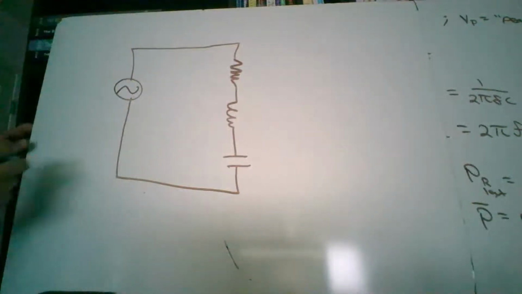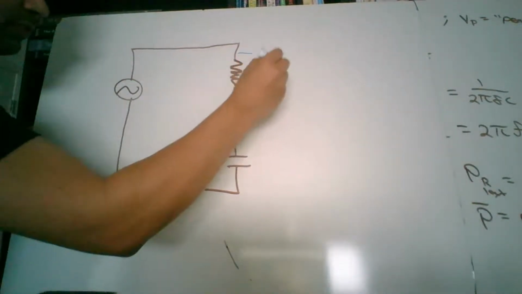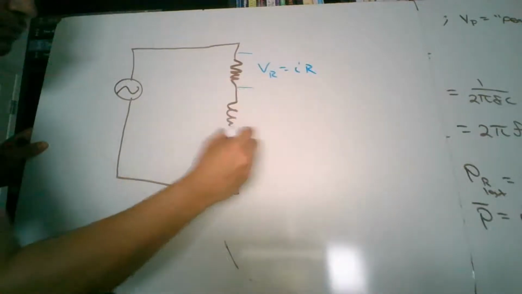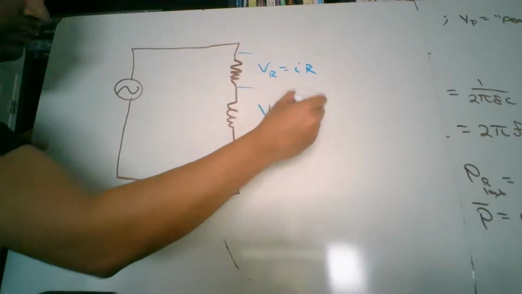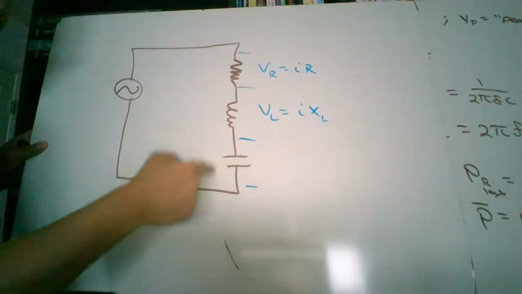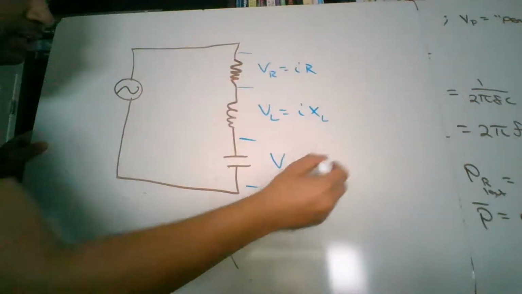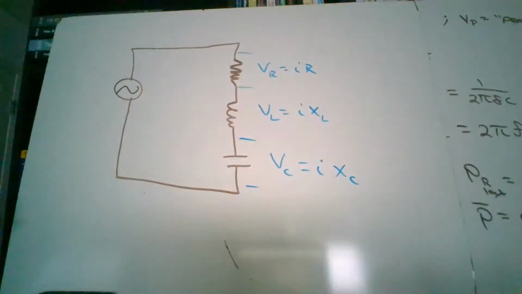One voltage is the voltage of the resistor, equal to I times R. Then you have the voltage of the inductor, equal to I times the inductive reactance. And then the voltage of the capacitor, which is I times the capacitive reactance.